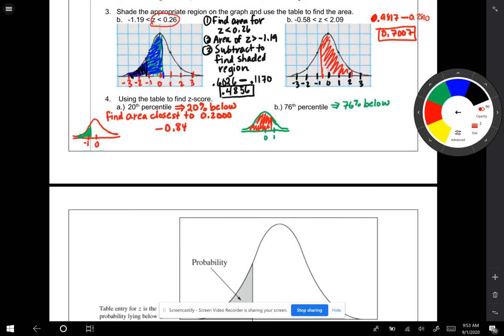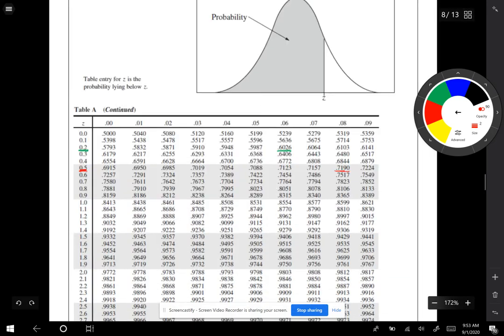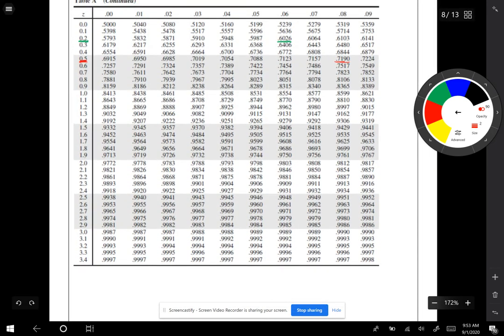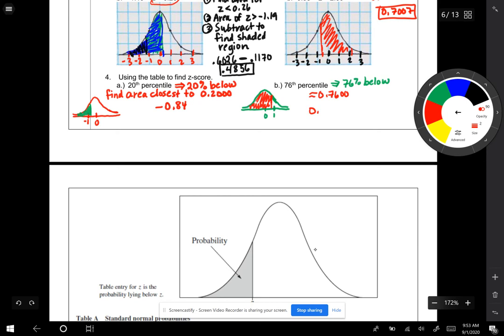And find a z-score with an area closest to 0.76. So let's find it closest to 0.76. So we're going to have to go to the second page. And my eye catches this number right here as being the closest. So that would be 0.7 plus 0.01, so 0.71. And this is your z-score, not your area.